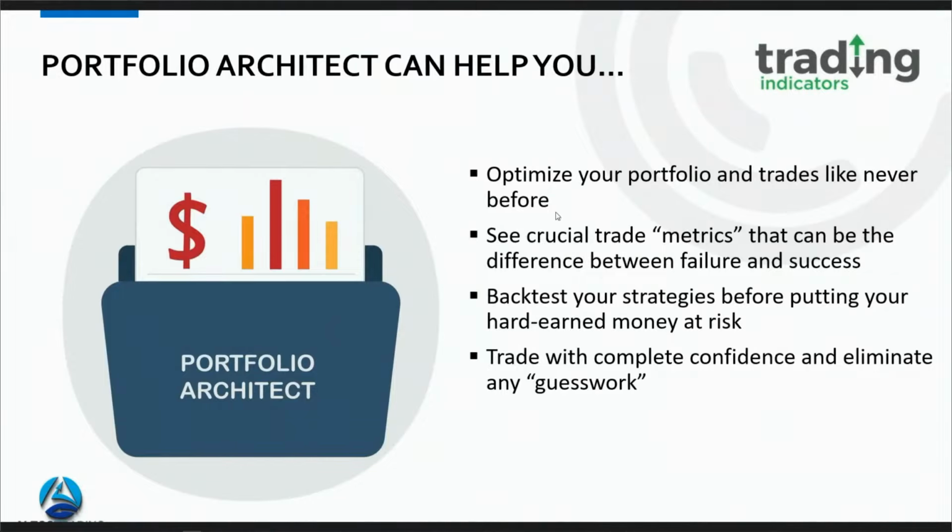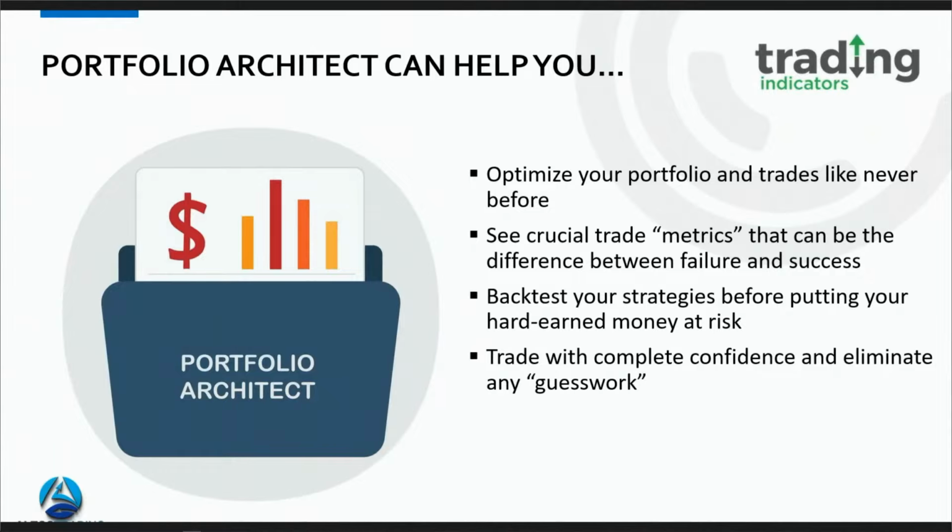With every portfolio test, and I'll show you a demo in just a second, the Portfolio Architect generates a whole set of performance metrics, basic ones such as the P&L, the drawdown, and the number of trades, but also more sophisticated ones such as Sharpe ratios, Sortino ratios, and so forth. One of the most important things of any backtest, and surely a portfolio test, is that it gives you an expectation of how your strategy is likely to perform in the future.